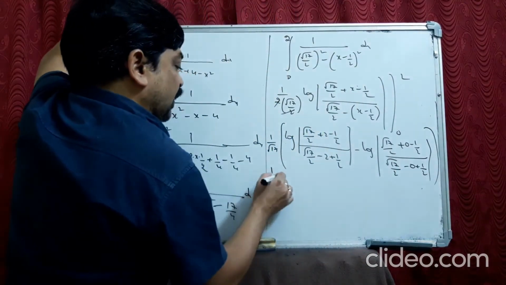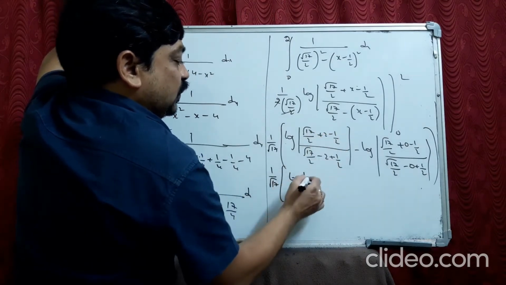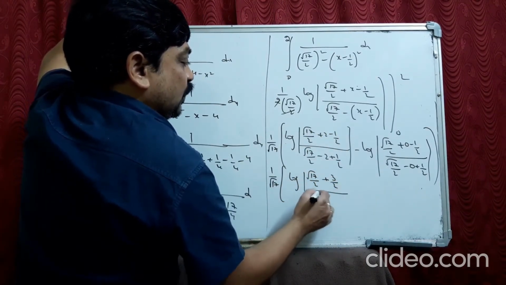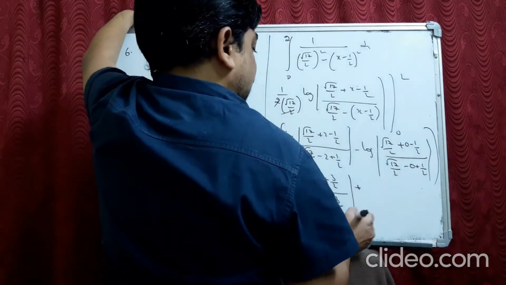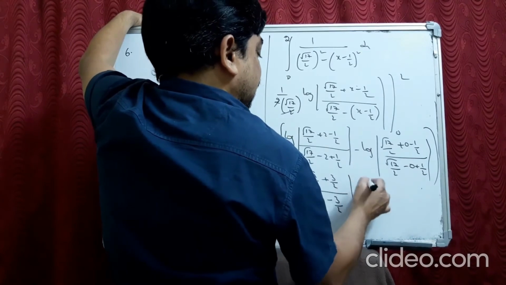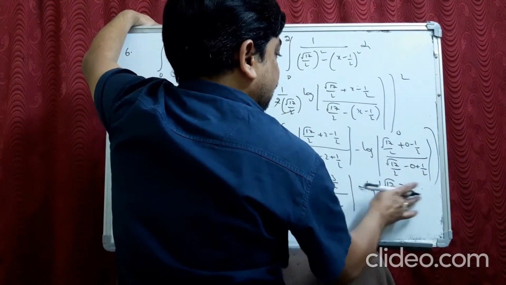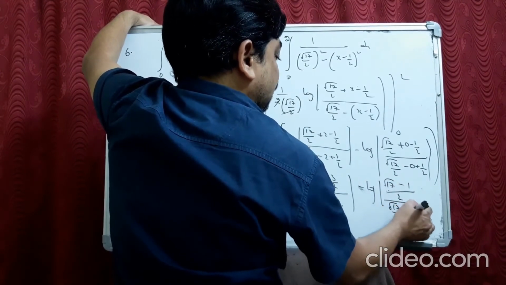So it becomes 1 by root 17 log mod root 17 by 2 plus 3 by 2, root 17 by 2 minus 3 by 2, minus log root 17 by 2 plus 1 by 2.